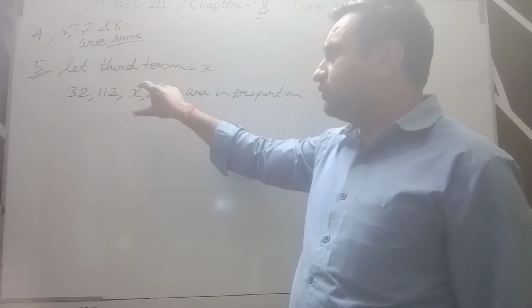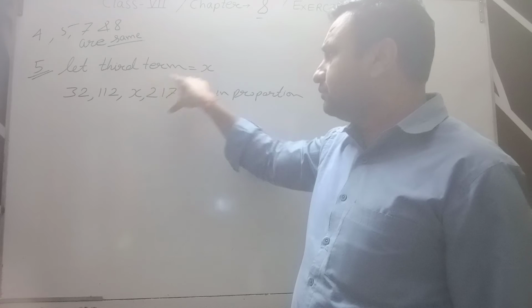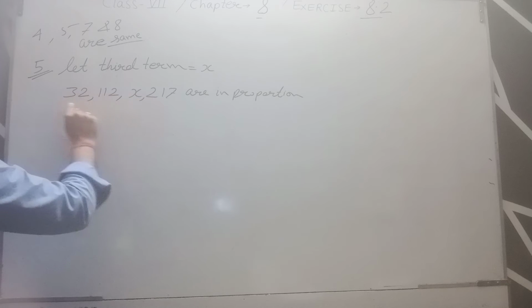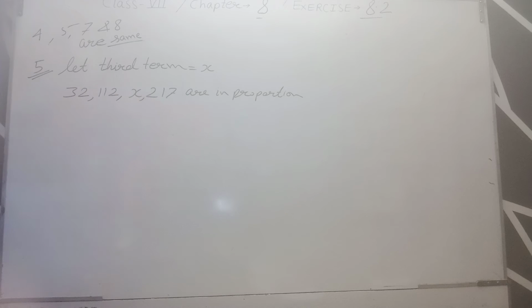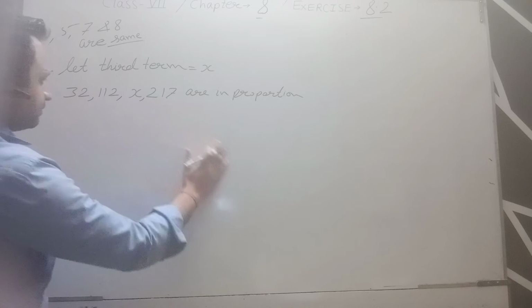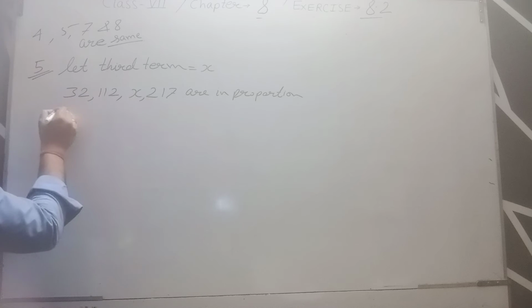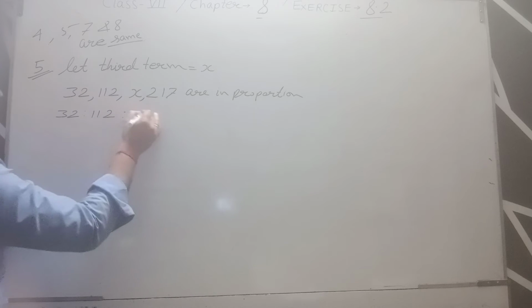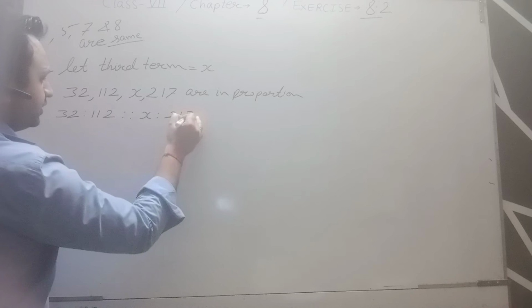Question number 5: we suppose that the third term be x. These 3 numbers are given and we put x at the third position. So these 4 numbers are in proportion. Because these numbers are in proportion, 32 ratio 112 proportion x ratio 217.